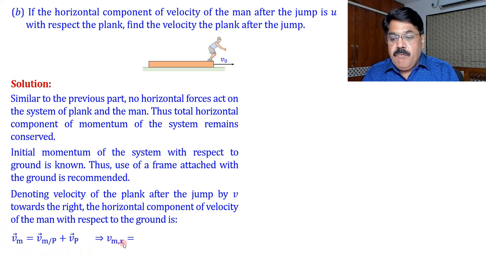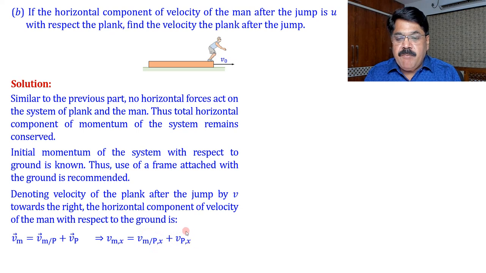So we have V_mx is equal to V_mpx plus V_px. Here, V_mx is the horizontal component of velocity of the man, V_mpx is the x component of velocity of man with respect to plank, and V_px is the x component of velocity of plank. Now, this V_mpx is u, that is given, the horizontal component of velocity of man with respect to plank, and the horizontal component of velocity of plank after the jump we are assuming to be v. So the horizontal component of velocity of man with respect to ground is u plus v.